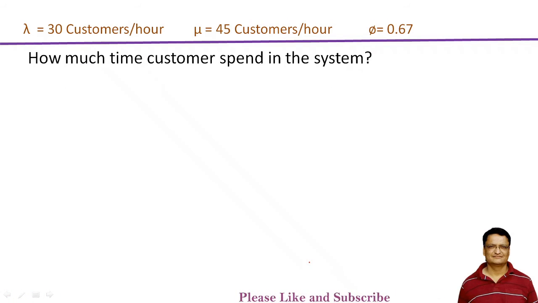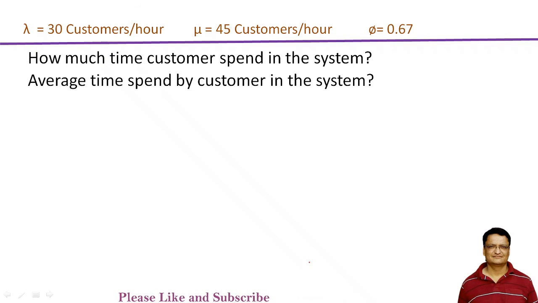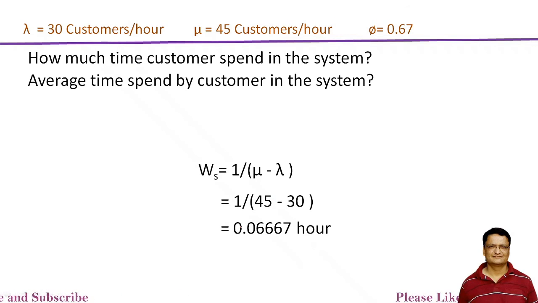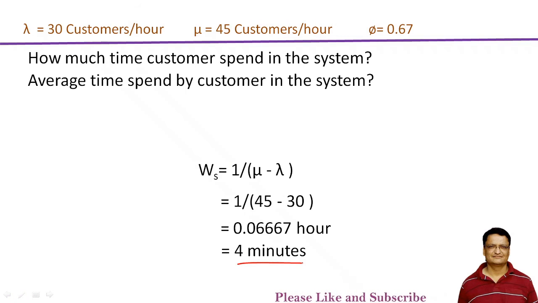Similarly, how much time does a customer spend in a system? Average time spent by a customer in a system is given by this formula and the value is 4 minutes. Now you must have noticed that this time, that is the time spent by a customer in a system, is more than the time he has to wait in a queue.